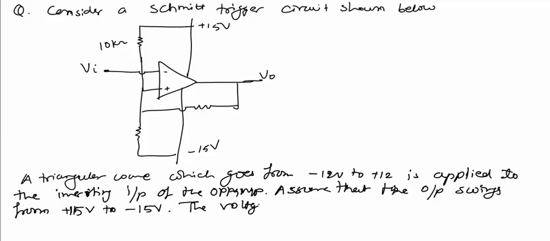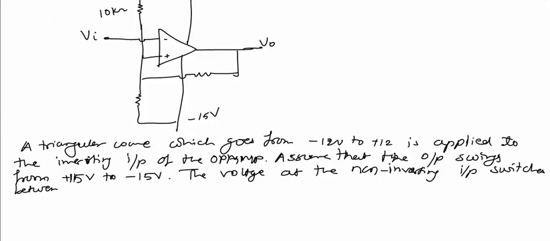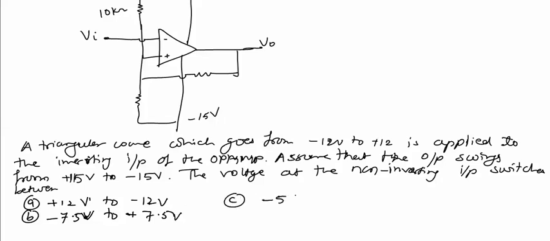The voltage at the non-inverting input switches between, options are given: A, plus 12 volt to minus 12 volt, option B, minus 7.5 volt to plus 7.5 volt, C, minus 5 volt to plus 5 volt, and D, 0 to 5 volt.